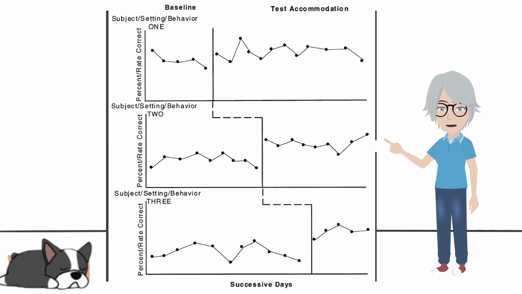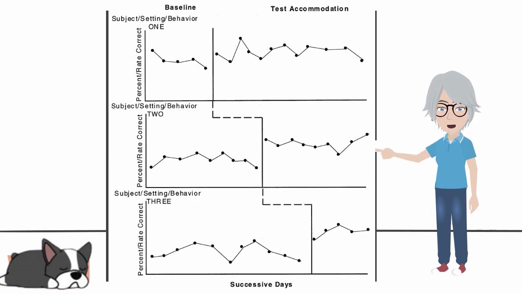So we have a baseline, which is phase A, and this gets repeated across behaviors, students, and settings. And then we have the intervention, which is phase B, and then that gets repeated across behaviors, students, and settings. Now, the advantage of this is we can demonstrate a functional relation. We can use it in situations in which a withdrawal of the intervention is unethical.